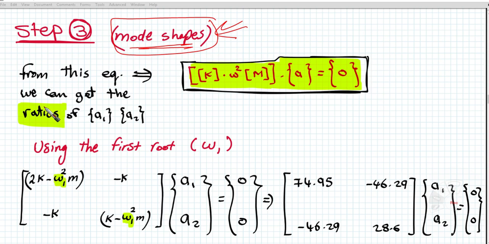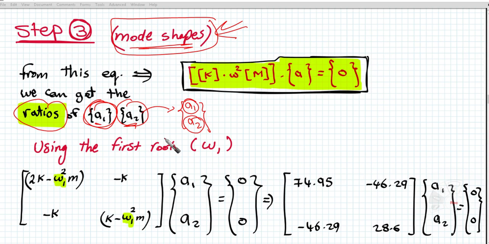From this equation we can obtain the ratios of the mode shapes that we have. We have two mode shapes, A1 and A2, right? Every one of them has an amplitude for the first floor and an amplitude at the second floor. So that's the issue here.